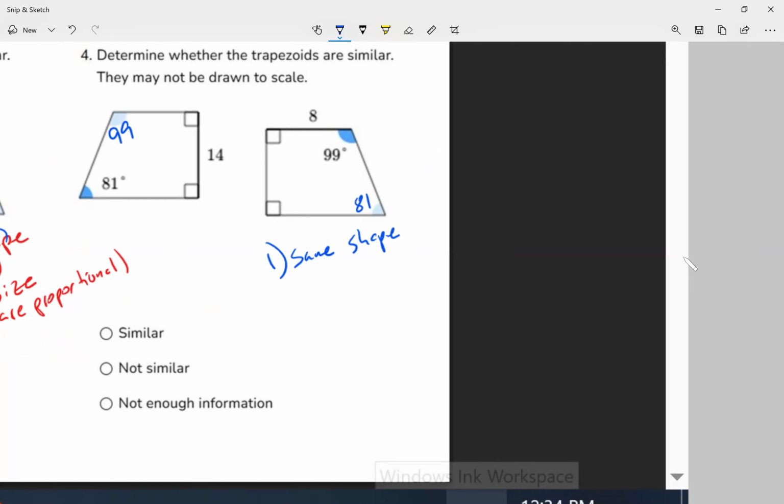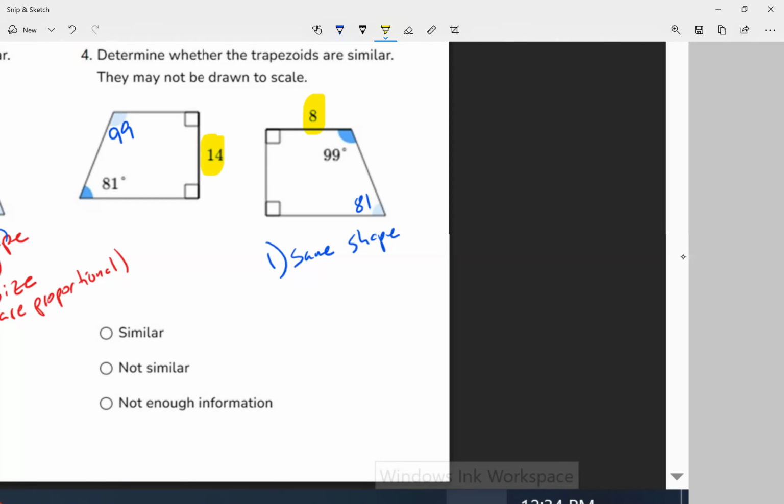Now, sides are proportional. When it comes to sides, I'm only given one side per figure. And I told you that for the fractions, I need two numbers per figure because I need to make fractions out of them, because my fractions are going to either simplify to the same thing or I can cross multiply.